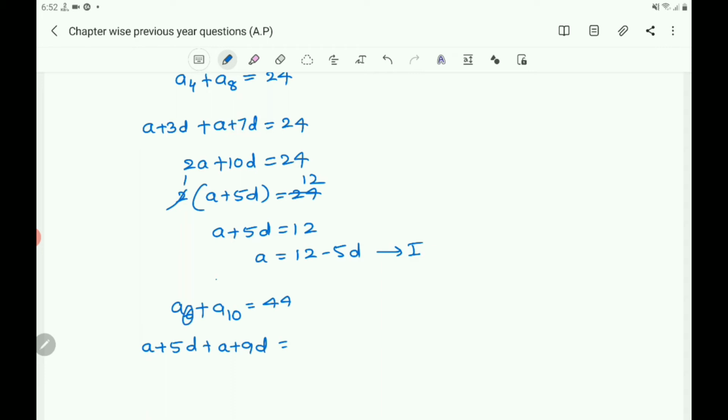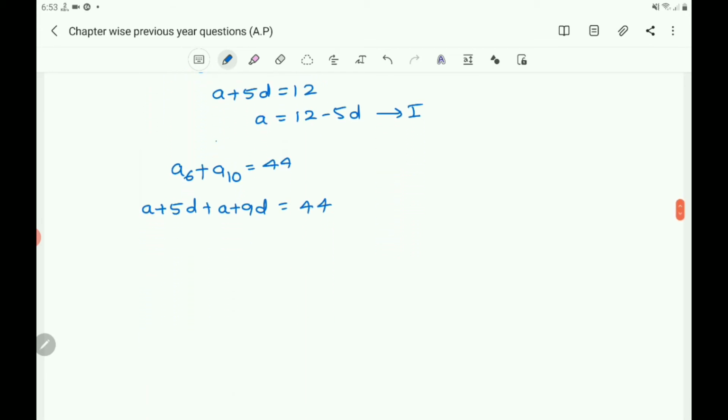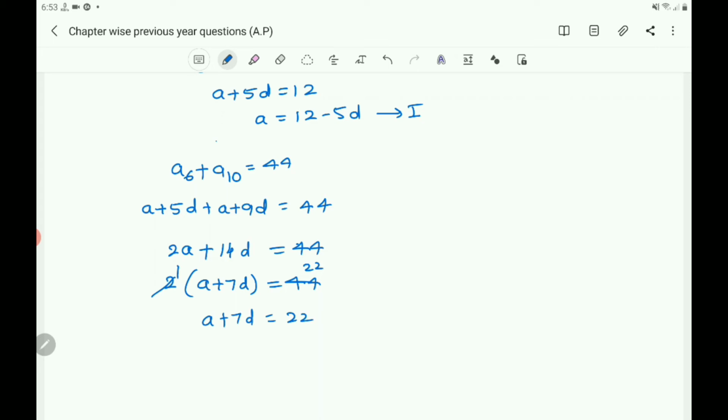That equals 44. Then a + a is 2a, 5d + 9d is 14d, equals 44. Again you take 2 common, that becomes a + 7d = 22.